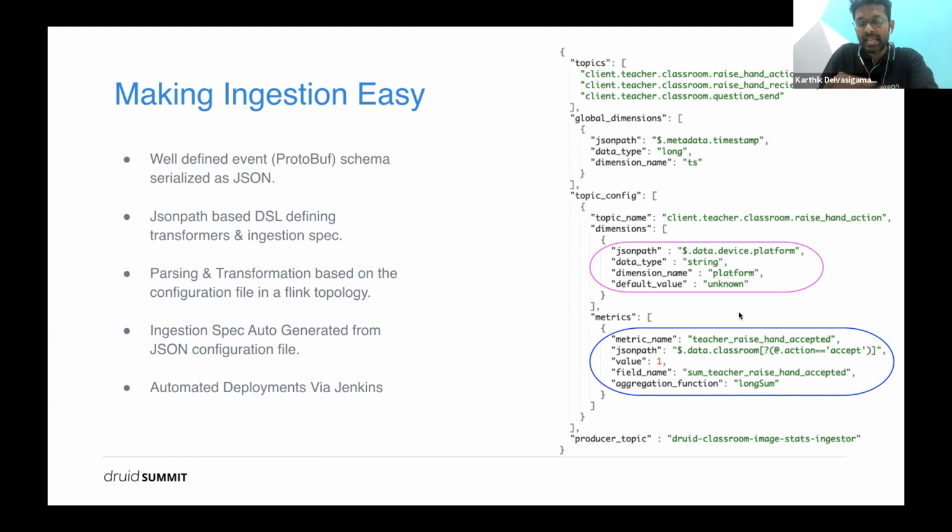So once a developer, or even an analyst, defines this file, we take this configuration file and generate jobs out of it for Flink. And then we are also able to take the same file and generate spec files through a Jenkins job that parses all of this, constructs your ingestion spec file, and then deploys it on Druid.